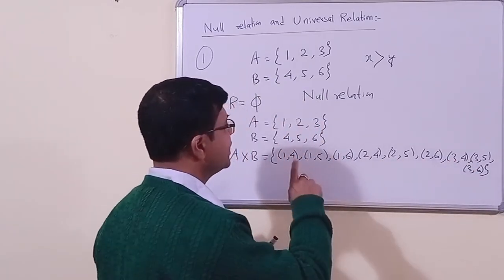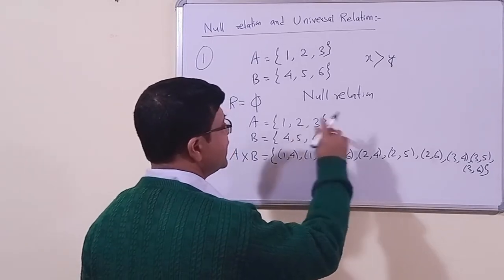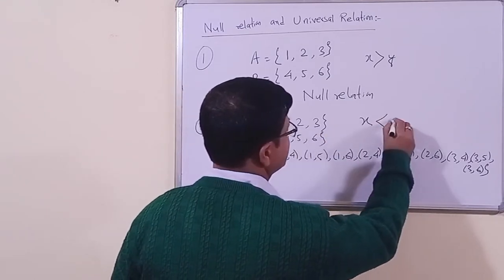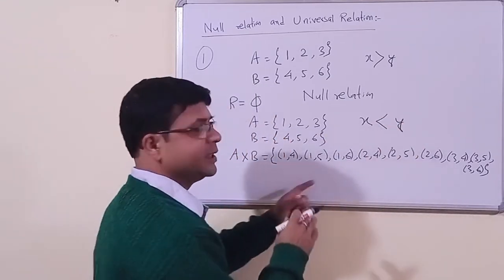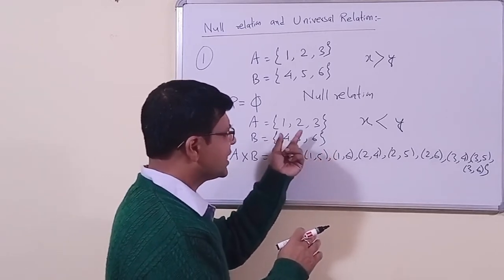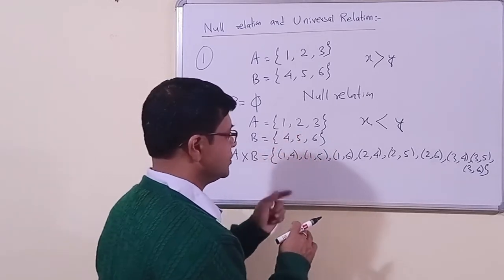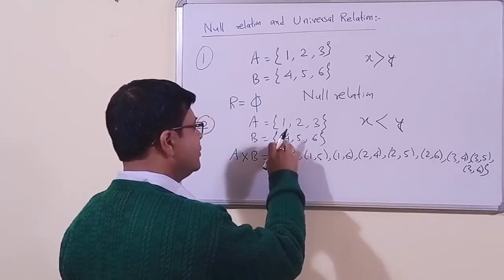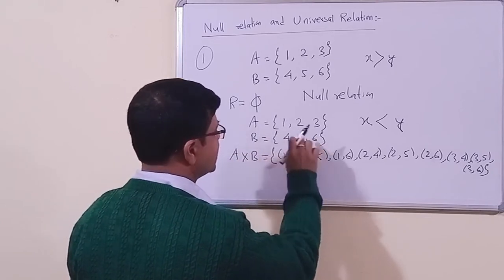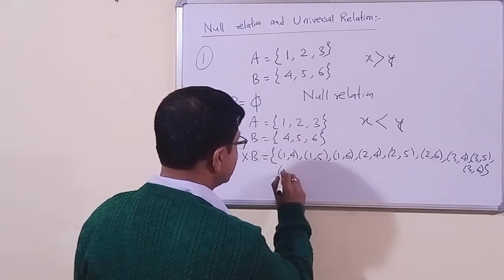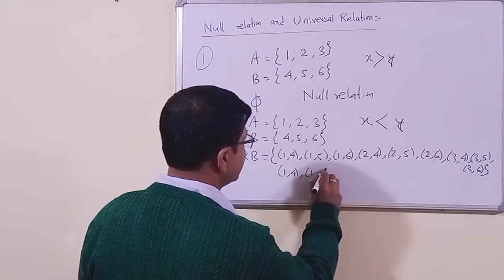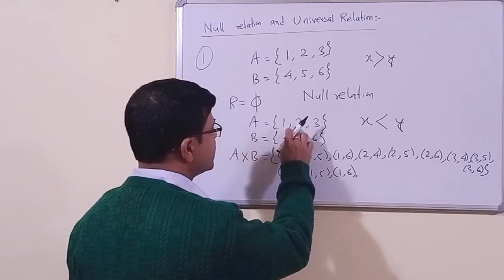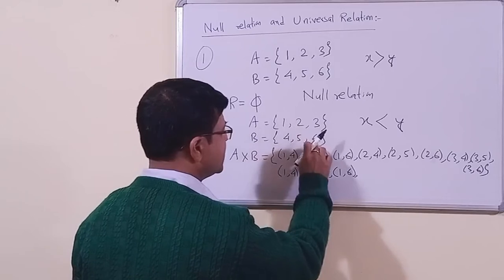Now I have given a condition that all the elements of set A are smaller than all the elements of set B. Let us see whether this is true or not. If some parts are true, let us write down those elements. 1 is smaller than 4, 5 and 6, so (1,4), (1,5), (1,6). Then 2 is smaller than 4, 5, 6, so let us write it.